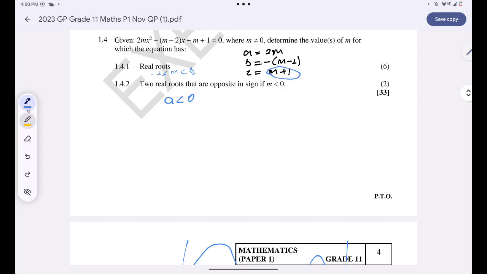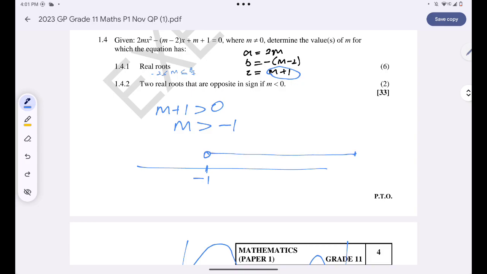So I'll simply write that m plus 1 has to be greater than 0, and then m has to be greater than negative 1. Are you together? How can I express negative 1 on a number line? I'll have negative 1 there. Since it's greater than, it will be just a line going to the right hand side, right?